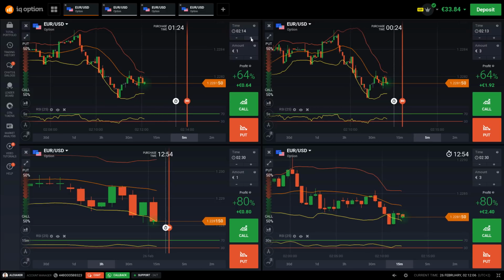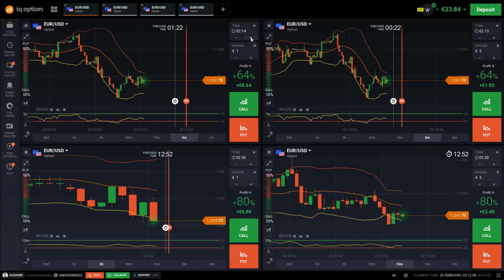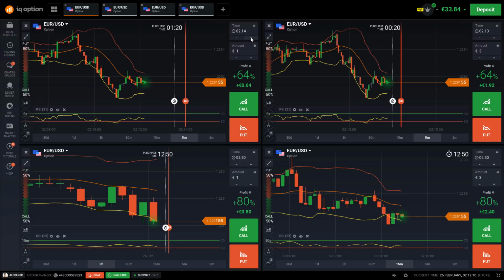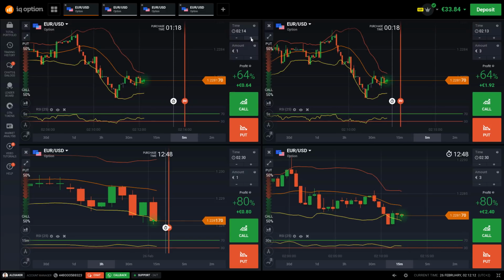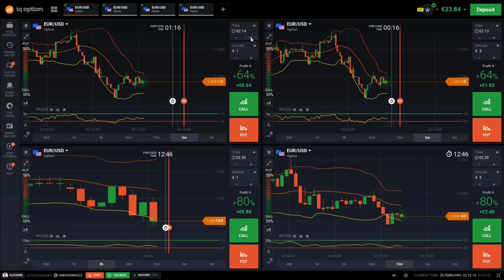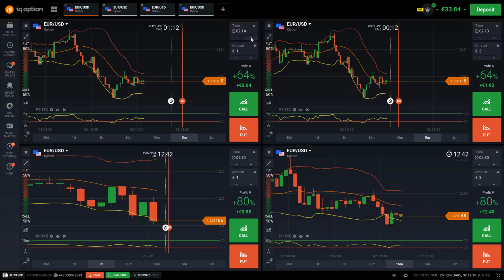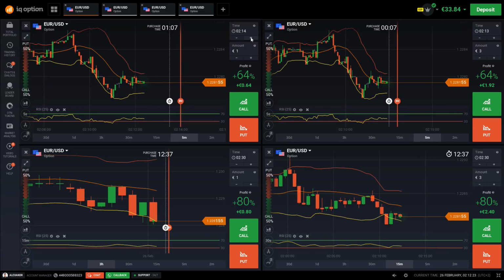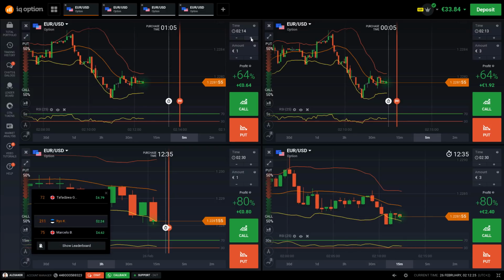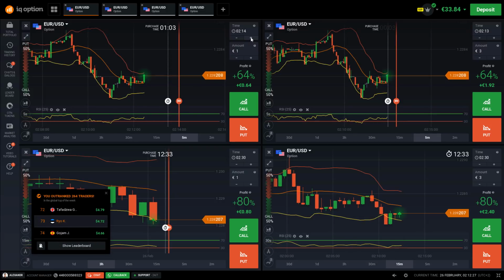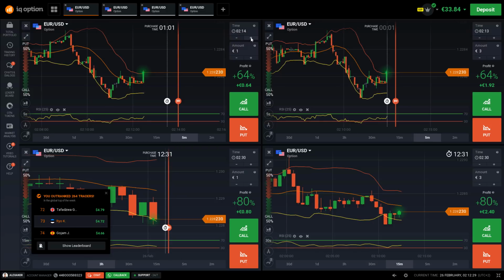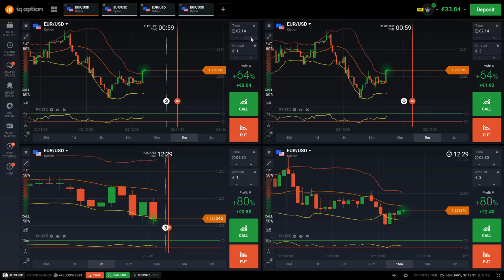and I'm still waiting for the candle to reach the top RSI on the 5-second chart. I'm not going for the reversal from the bottom to the top. I'm only trading from the top to the bottom, but in order to do so, the green needs to reach the top limit.